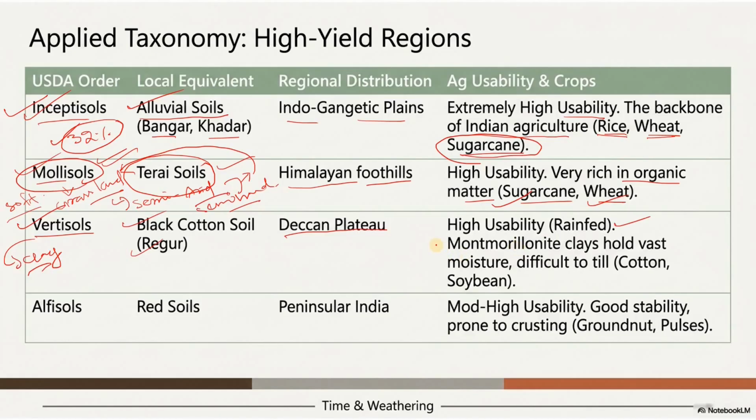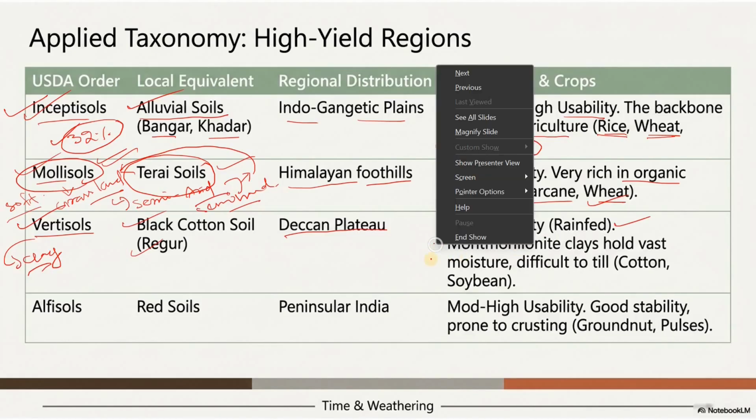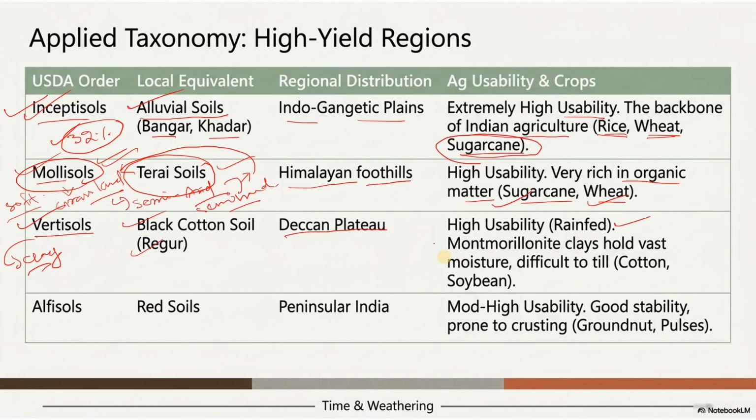Montmorillonite clays hold vast moisture, difficult to till. And what are the crops that are grown here vastly? That is cotton and soybean. These are also called cotton soil, black soil, and this is found in the Deccan Plateau.